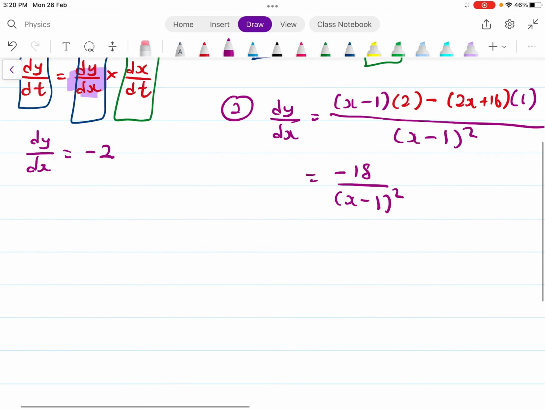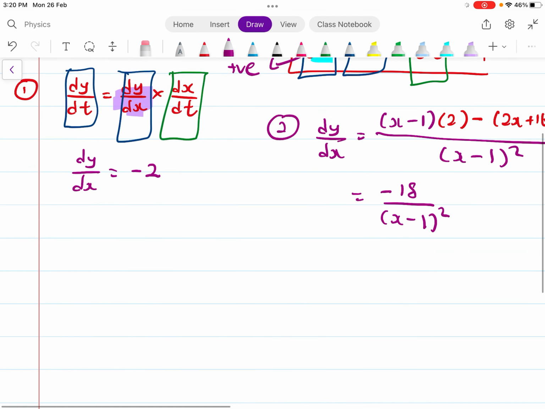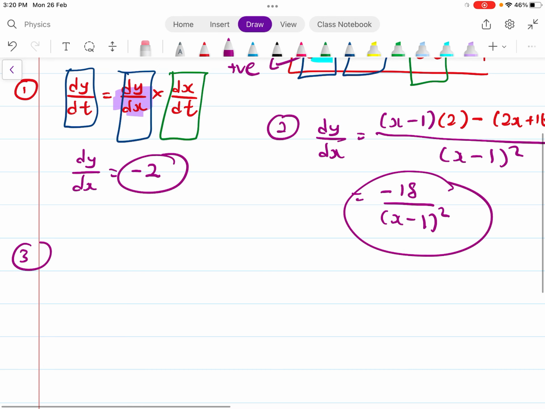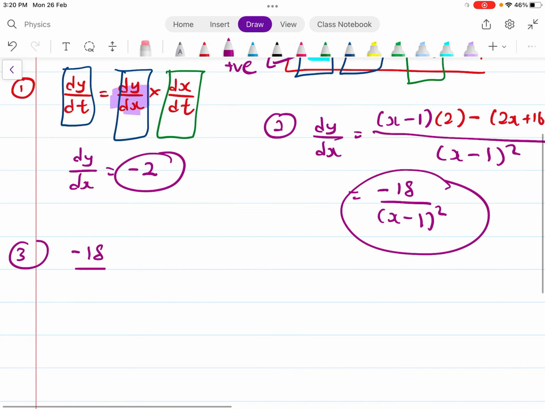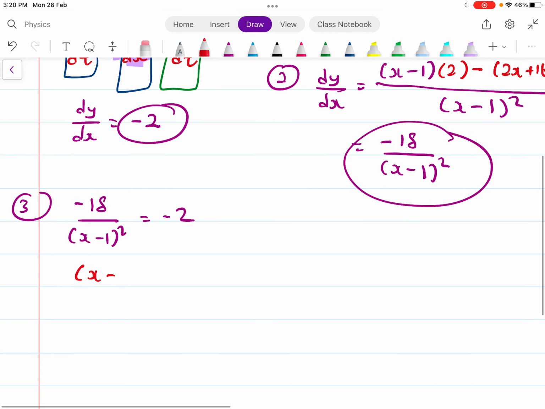After we get all this, I go to the third step. You want to find this: negative 2 is equal to this. So negative 18 over (x - 1) squared is equal to negative 2. With a bit of manipulation, you should get (x - 1) squared equals 9.